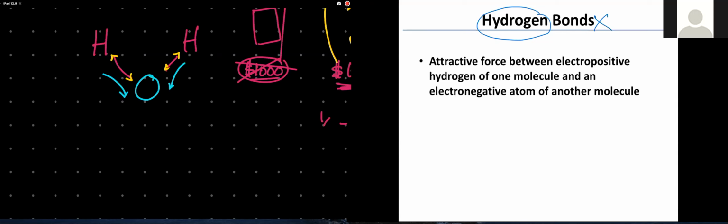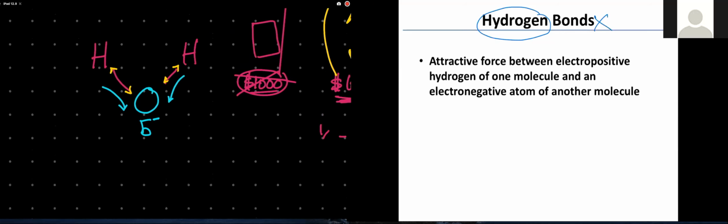Electrons are negatively or positively charged? They are negatively charged. So the oxygen side is going to be more negatively charged compared to the hydrogen side, which is going to be more positively charged.